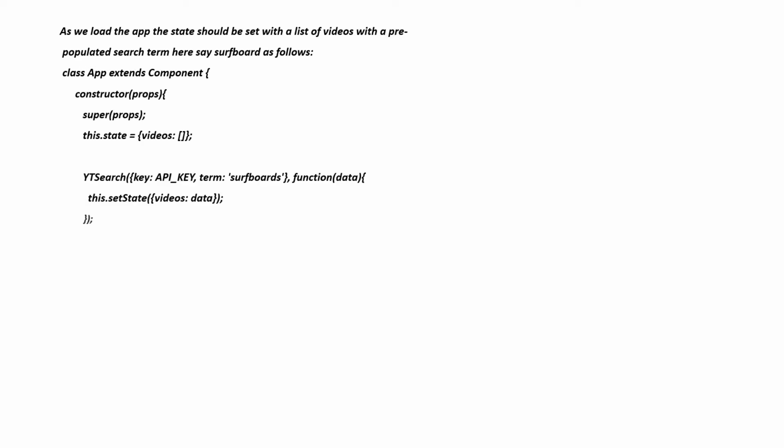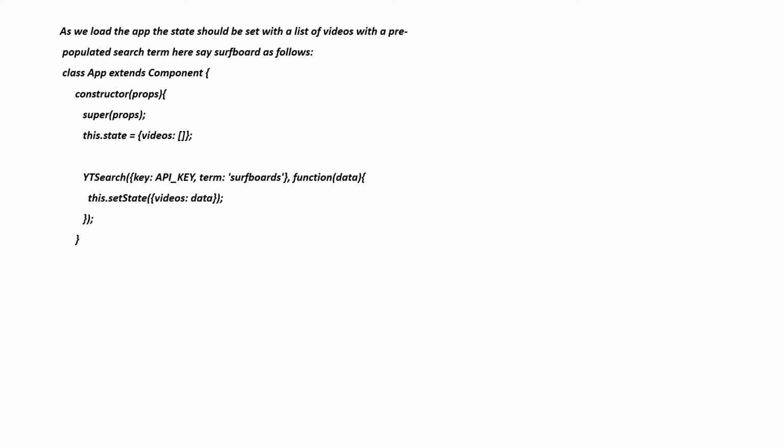Now, YTSearch, YouTube search. So we have to give a key, which is the API key, which is a constant value, and the search term, say within double quotes, surfboards. Now, this surfboards could be anything. It could be JavaScript, it could be React, it could be chicken curry or anything like that.